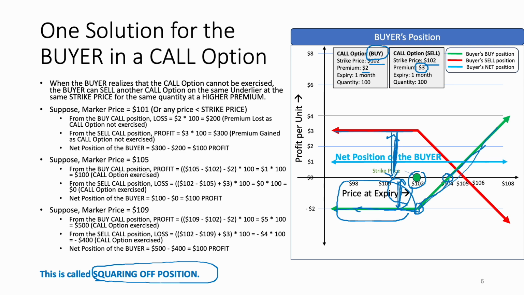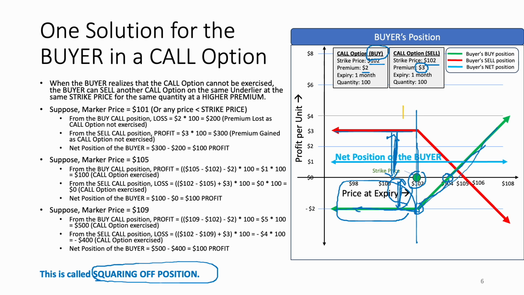It can be expiry of 1 month and he can make the same quantity of purchase. If this is the scenario, let's see what can happen. Now suppose this is the strike price, and at this strike price, the market value actually goes down, and the market value is somewhere here. Let me put it in a different color.